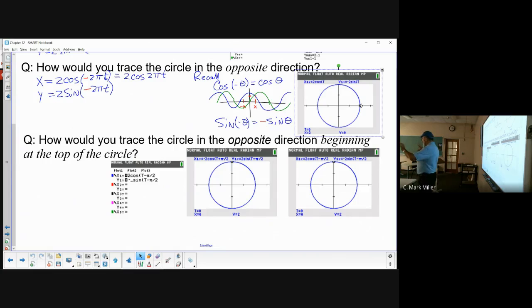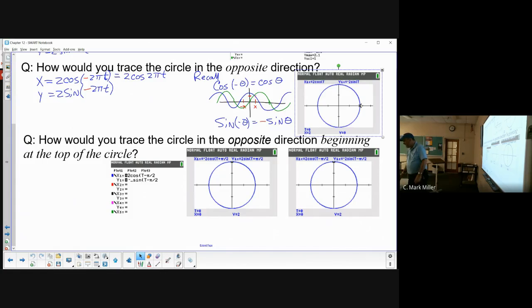If I want to take the graph of something and shift it horizontally to the right, say 5 units, I substitute x minus 5 for x. X minus 5 shifts in the positive direction. X plus 5 would shift in the negative direction.